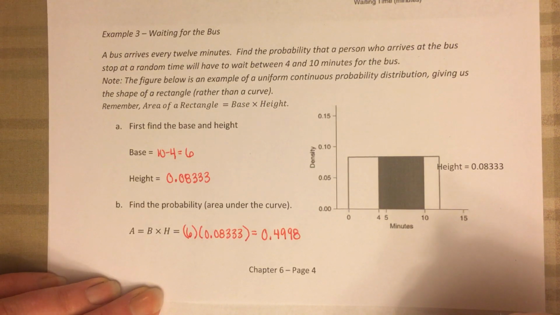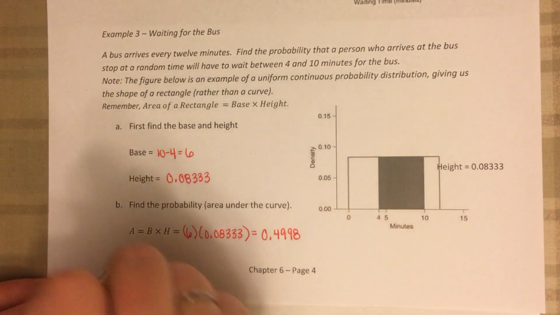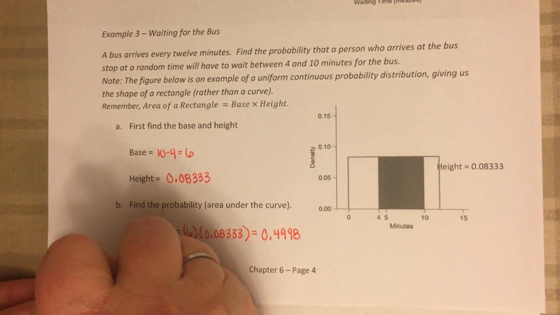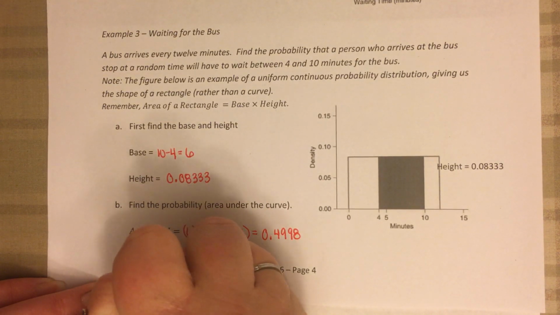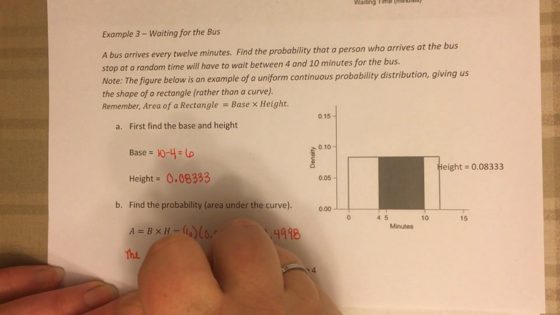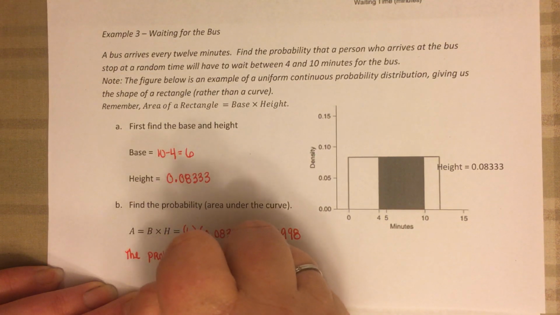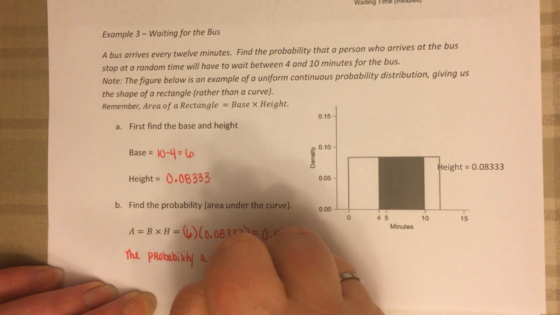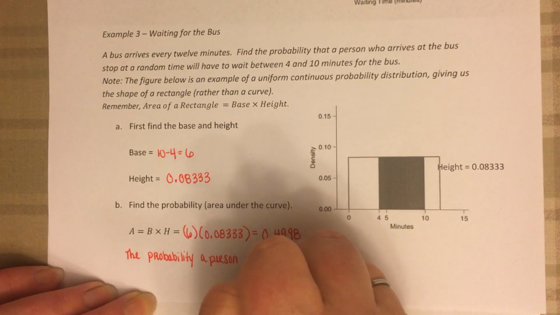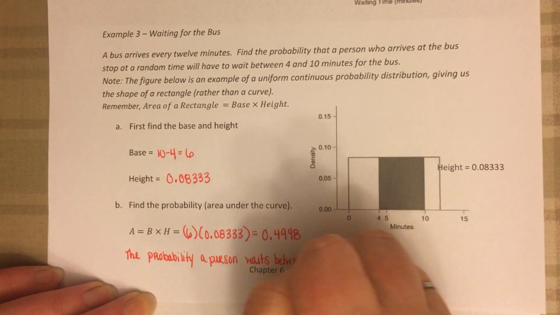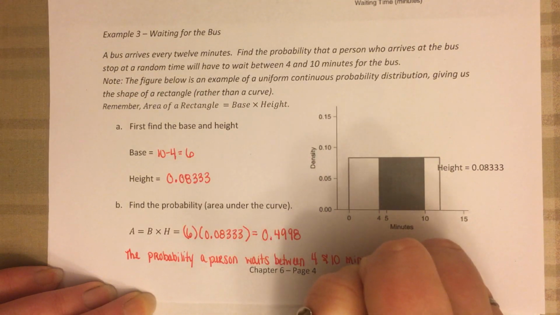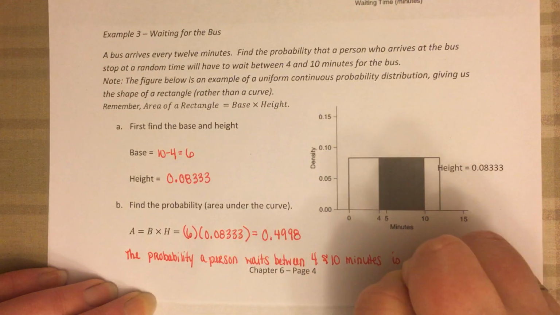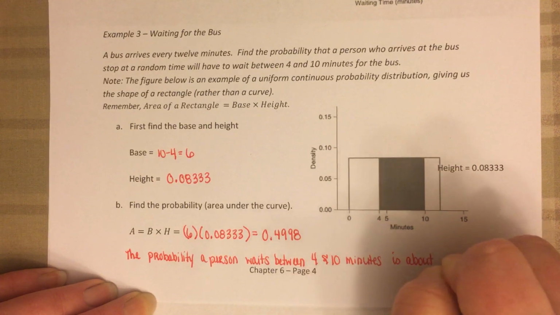And if we look at that, that's really close to 50%. So we're going to finish this off by saying the probability a person waits between 4 and 10 minutes is about 50%.